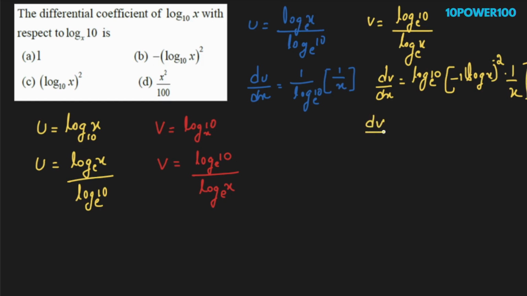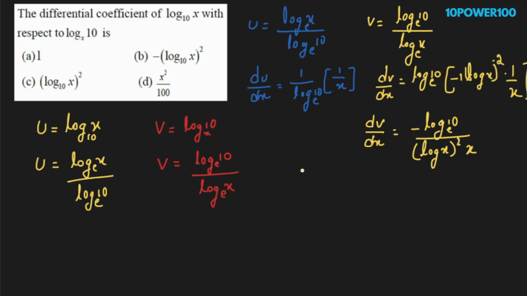So dv by dx is equal to, now if we rewrite this once again, log 10 the base e divided by log x the whole square into x. The 1 by x multiplied to that, so it becomes log x the whole square into x.